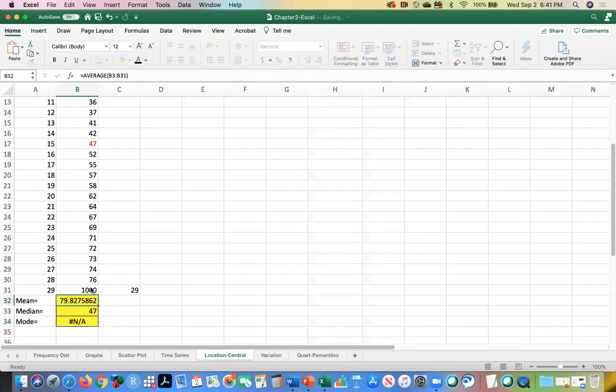As we can see, the mean and the median are changing. Well, the median is not changing, but the mean is changing a lot. So what does that mean? The mean value is always affected by the presence of outliers. In this case, it's very clear that 1,000 is an outlier, and that's the reason it's affecting the value of the mean.